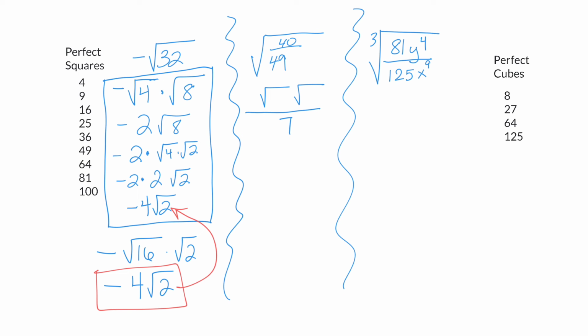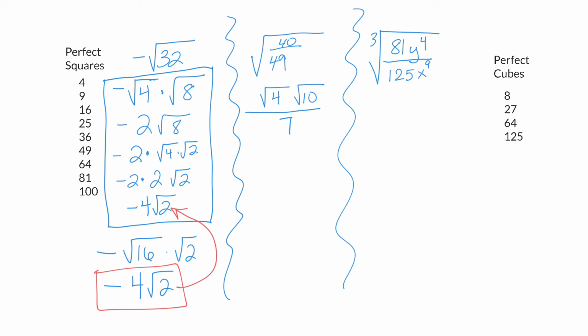But the square root of 40 that's in the numerator, I'm going to come over here to my list and find the perfect square that goes into it. 4 obviously would go in there 10 times. And even though 10 seems like a pretty number, there isn't a perfect square that goes into 10. So I think I'm okay with just choosing 4 and 10.